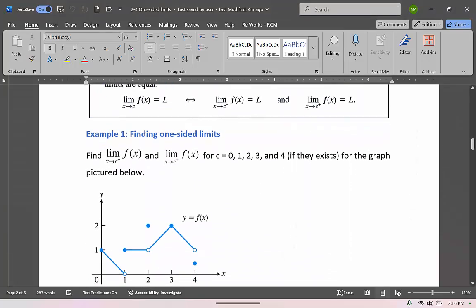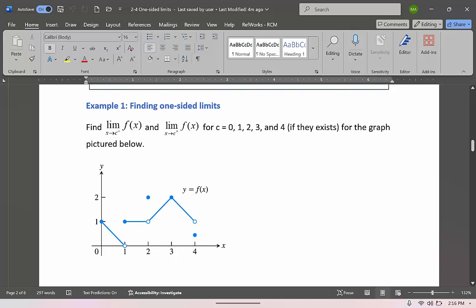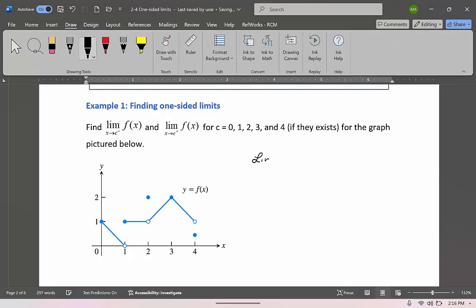So, for example, here, finding one-sided limits. We want the limit as x approaches c from the left, and also the limit as x approaches c from the right of each of these values. If we start with the limit as x approaches 0 from the left, we can see that if we're trying to approach 0 from the left, we are not within the domain of the function, and therefore this limit does not exist.